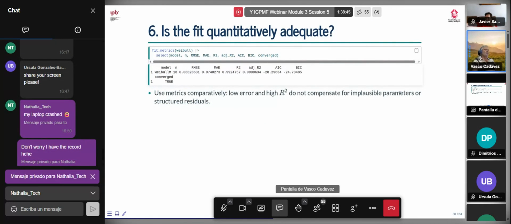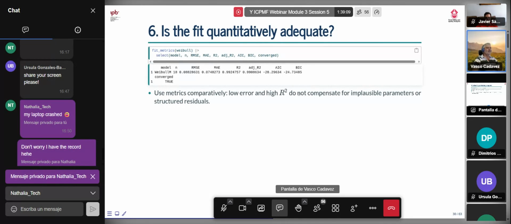Okay, so if you want to check the quality of your fit, you have a function, fit metrics. So this fit metrics will compute all these metrics: root mean square error, mean absolute error, R square, adjusted R square, AIC, BIC.